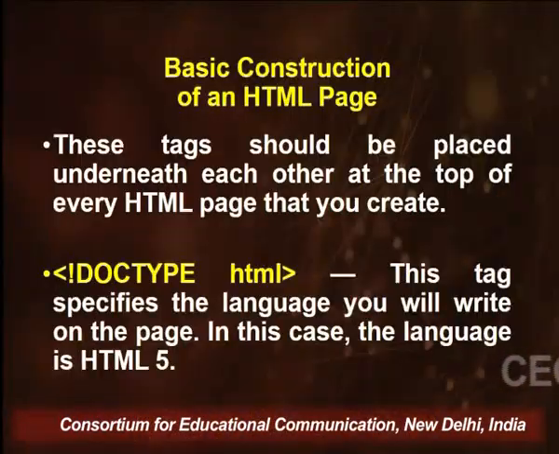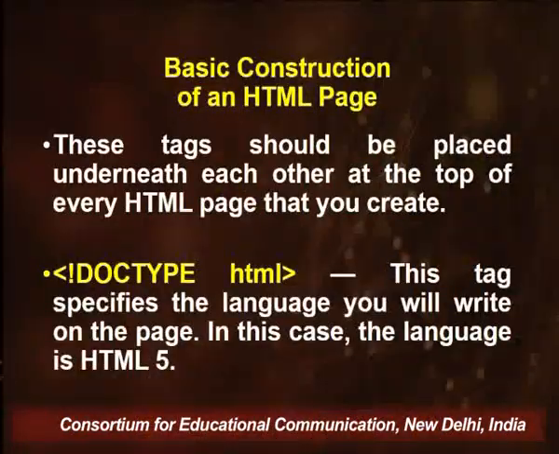So we have to have some tags, and some text on which those tags will be applied in order to control the appearance of that particular text. The tags should be placed underneath each other at the top of every HTML page which we are going to create.